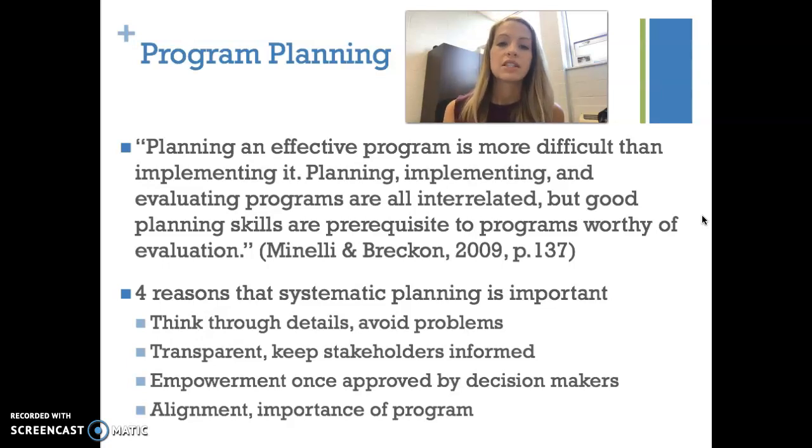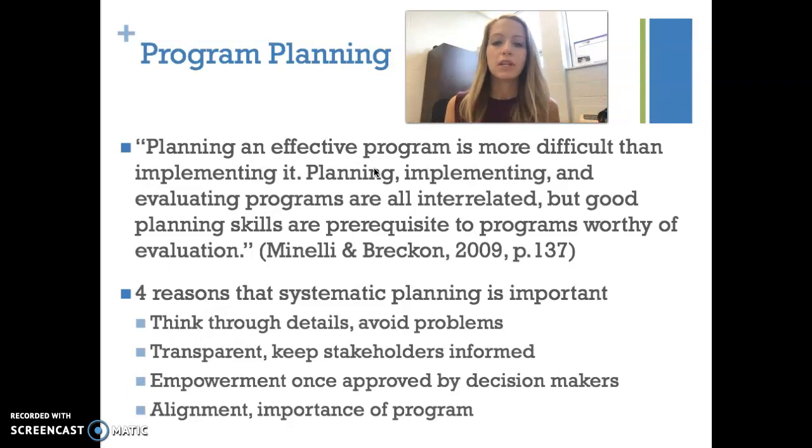Four reasons that systemic planning is important: it gives us time to think through the details and to avoid problems on the front end. It keeps things transparent and keeps those stakeholders informed. Stakeholders are anyone that has a vested interest in the program. Those might be the community individuals, or the CEO of an organization, so it's anyone that has an interest or is going to be involved with this program.